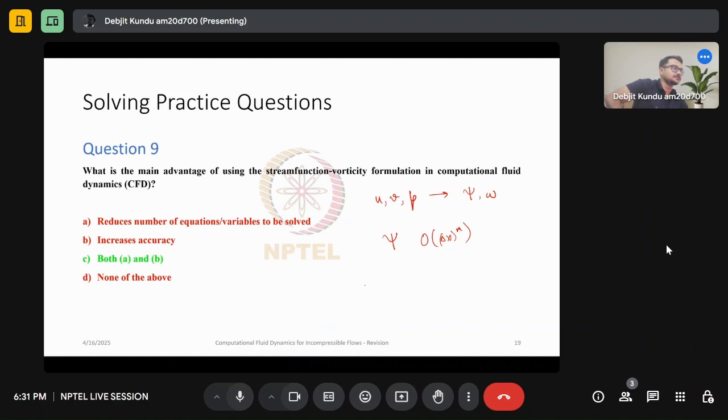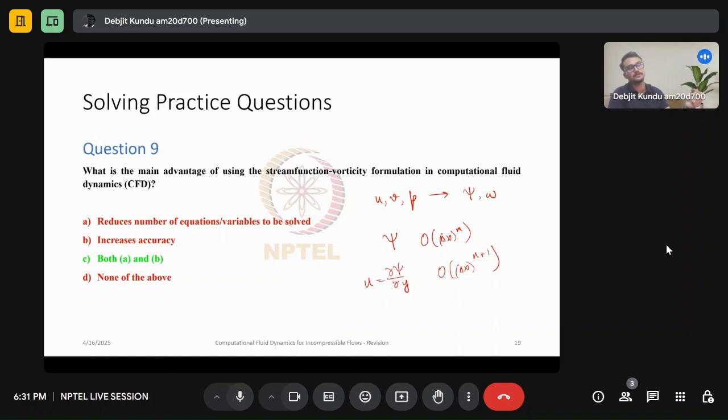Now, since u is given by dou psi dou y, if you know psi with order of accuracy n, the derivatives of psi you can determine with order of accuracy n plus 1.